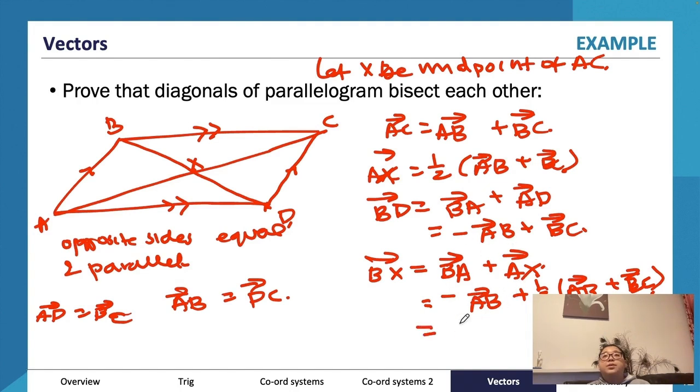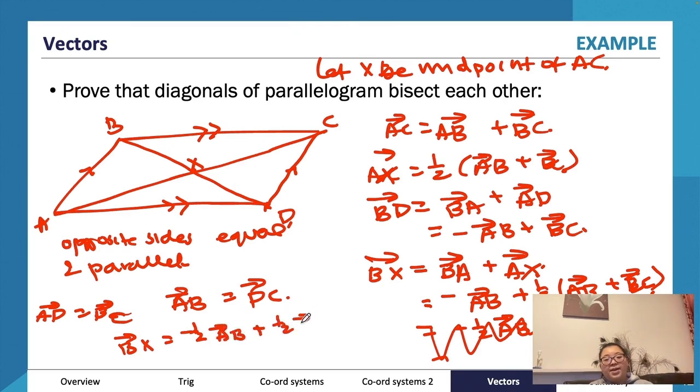So we can say that's going to be now negative 1/2 AB plus 1/2 BC. I will stop writing there. So our BX will be negative 1/2 AB plus 1/2 BC, which we can see is just negative 1/2 of negative AB plus BC.